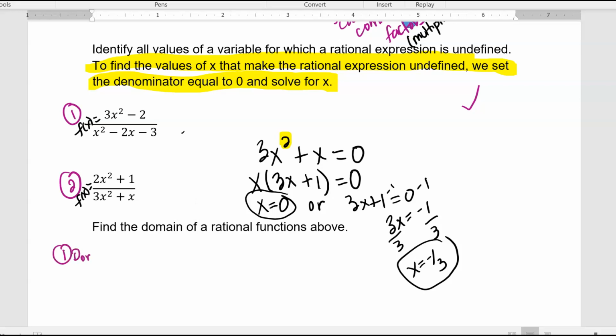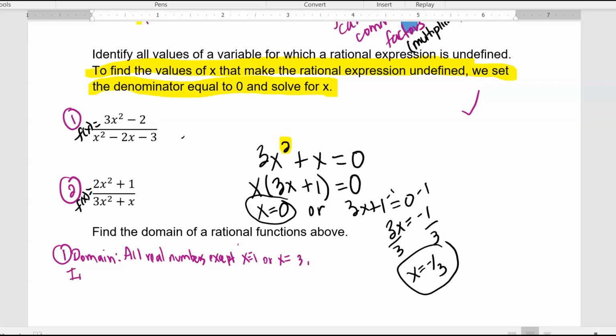So for number 1, the domain is all real numbers except x equals -1 or x equals 3. Now that's one way of writing the domain. There's also interval notation.